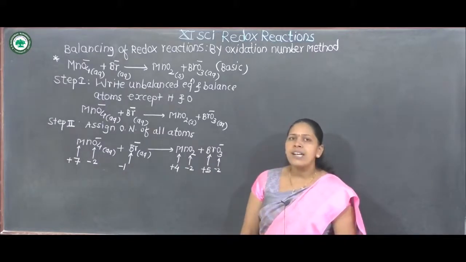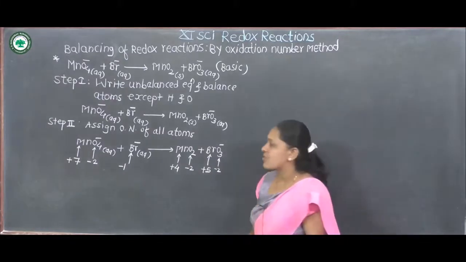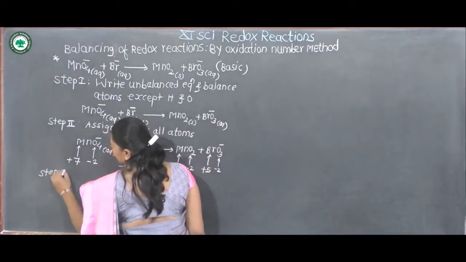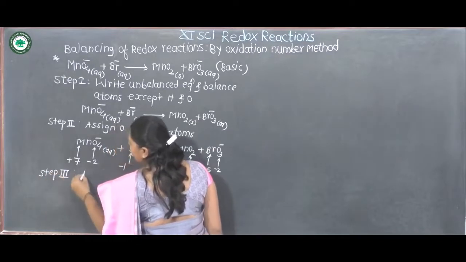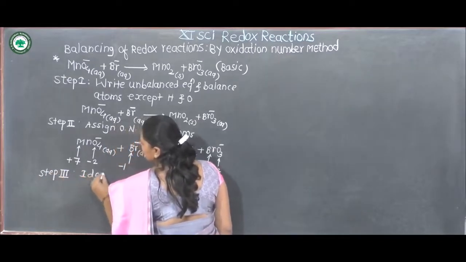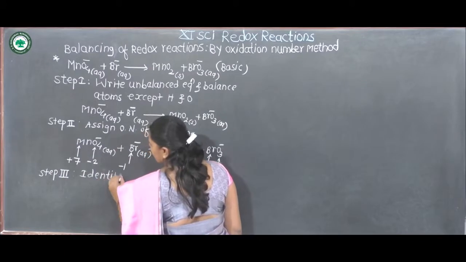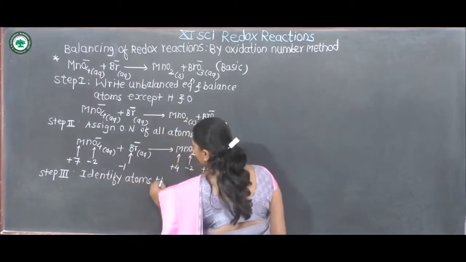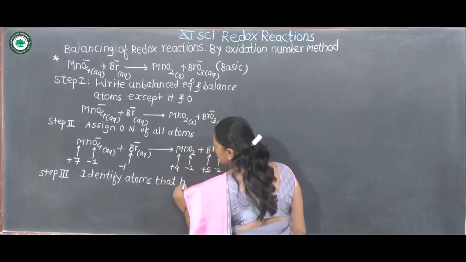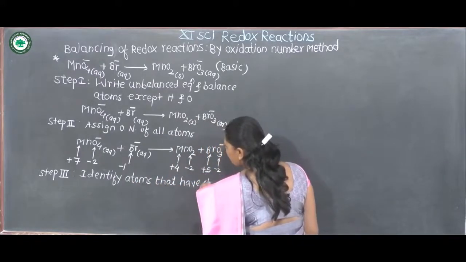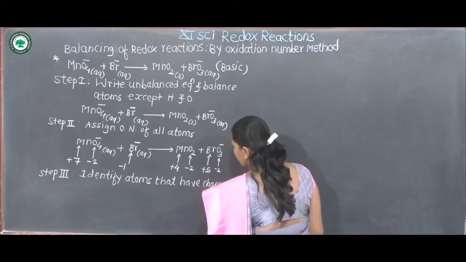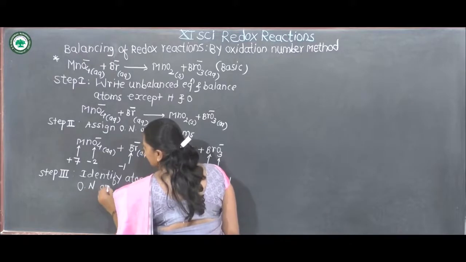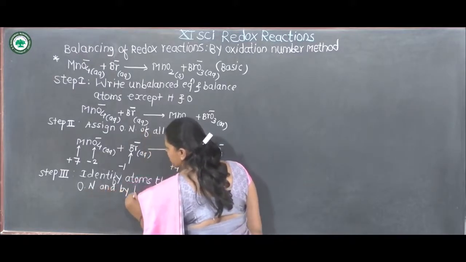Step third is to identify atoms that have changed oxidation number, and by how much.